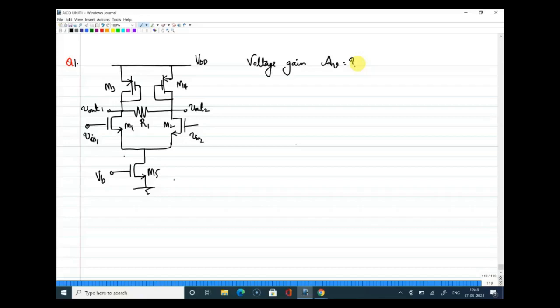Can I get a response from the class in the chat box? What do you think, or how will you solve it? Let me check with one of you. Bharat, are you there? Yes, sir. Bharat, can you help me in solving this? How will you approach this question if you are asked to find the voltage gain? Sir, the inputs are anti-symmetric, sir.